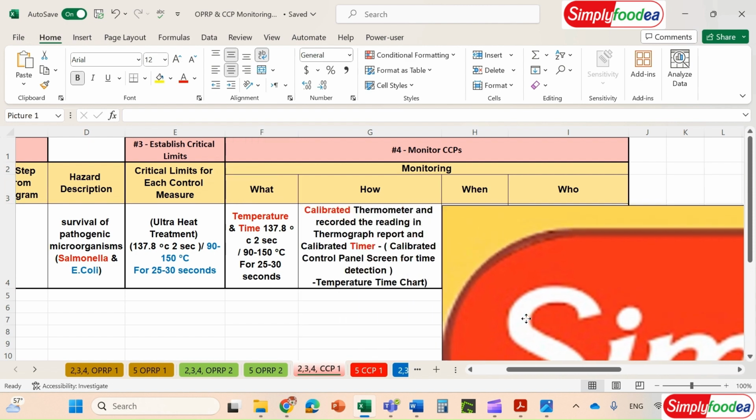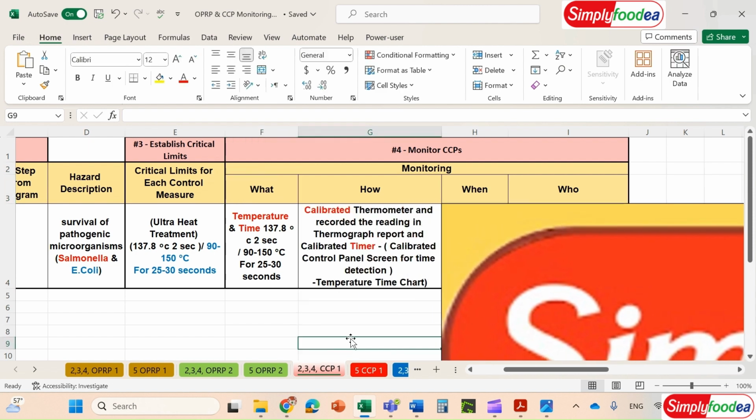Okay, how am I monitoring this? Pay very, very accurate attention: any output numbers in your machine or in your industry must be calibrated, whether temperature, time, speed, weight, or pH meter.